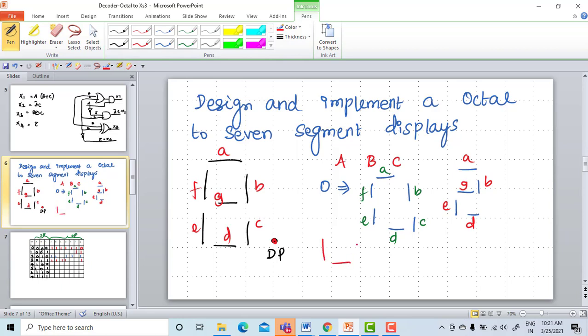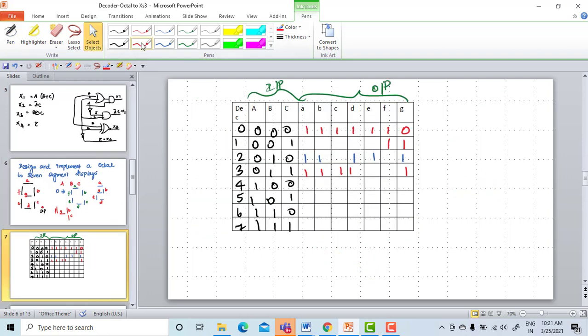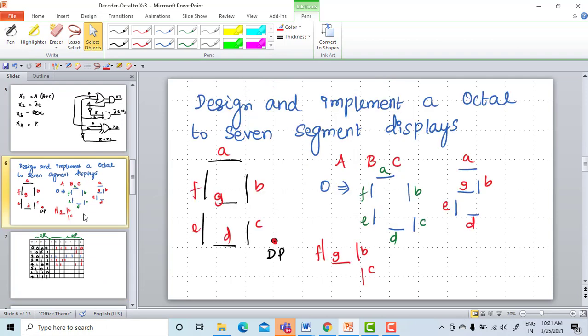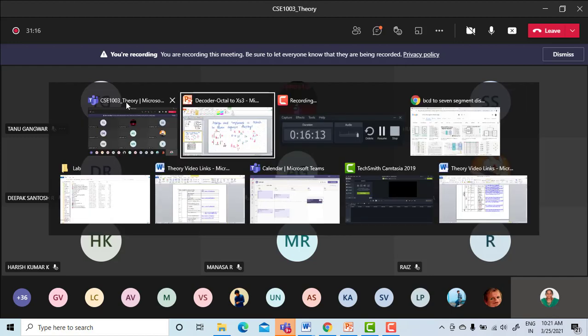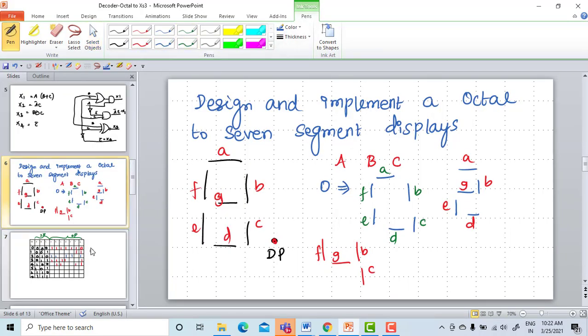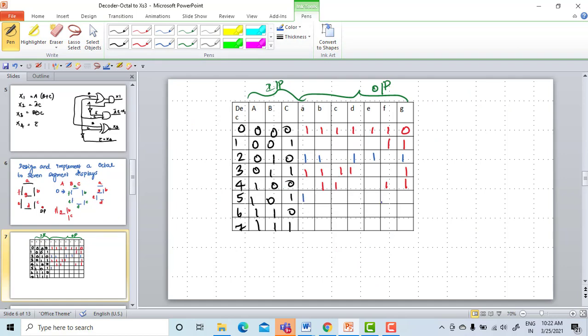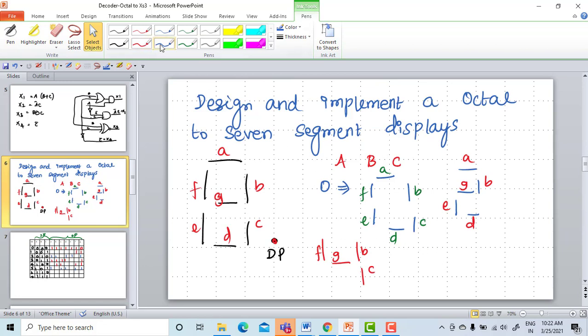So 4 is this, namely F, G, B, C. Okay, and then for 5, it is A, F, G, C, D. So 5 is this. Okay, 6 is this.